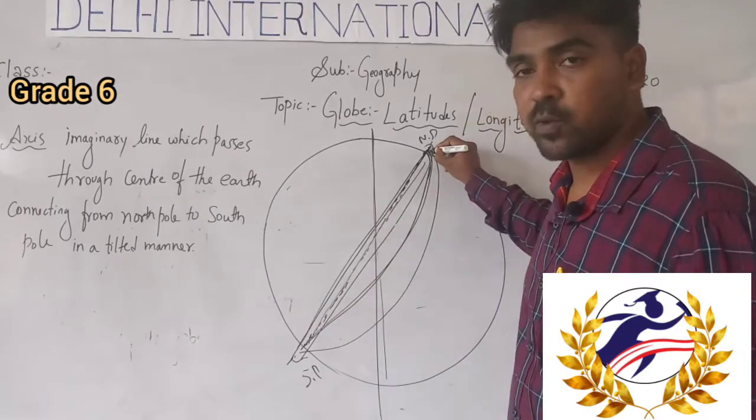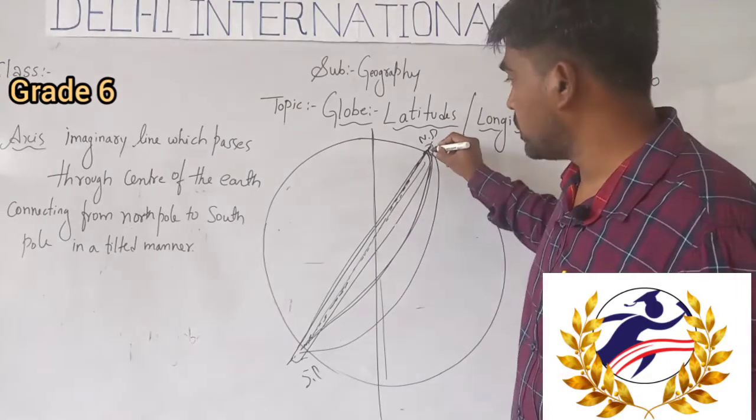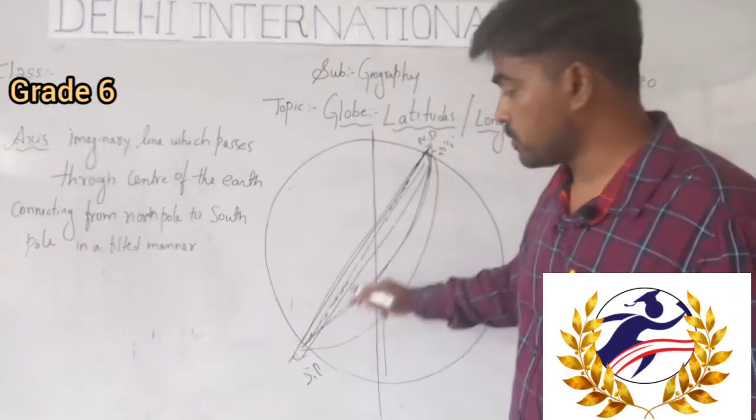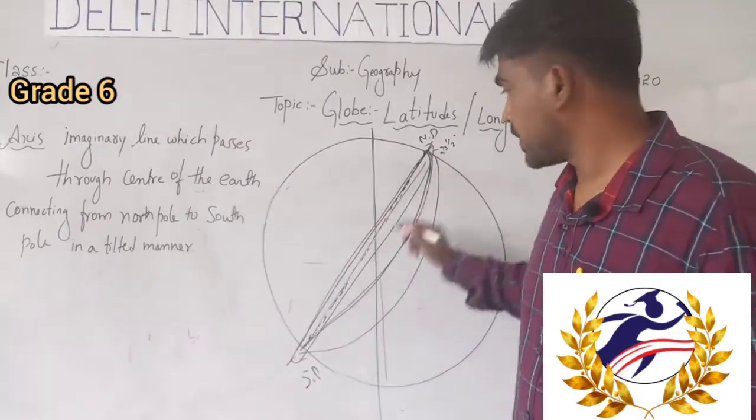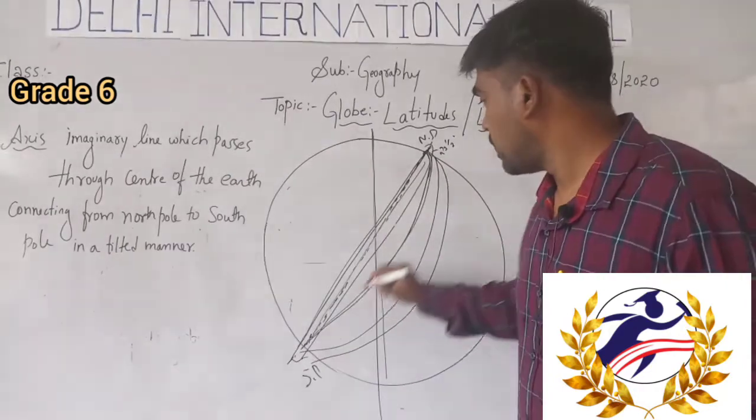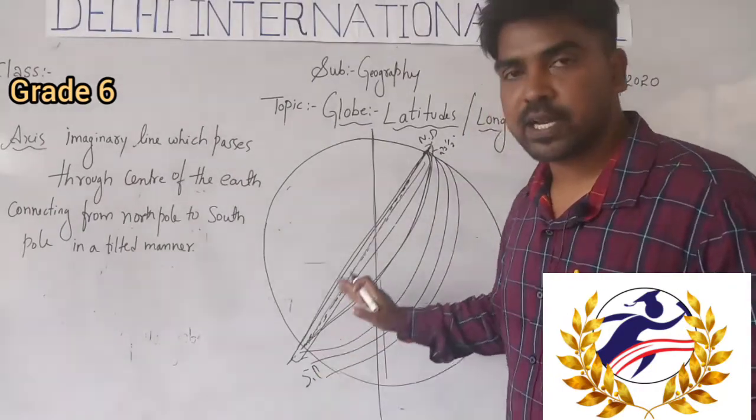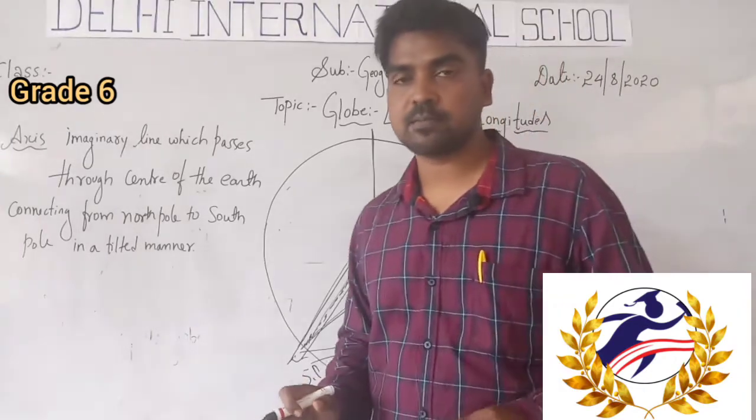Longitudes are drawn vertically on the surface of the globe, connecting the north pole to the south pole. So these are all longitudes. Both longitudes and latitudes are very important for us.